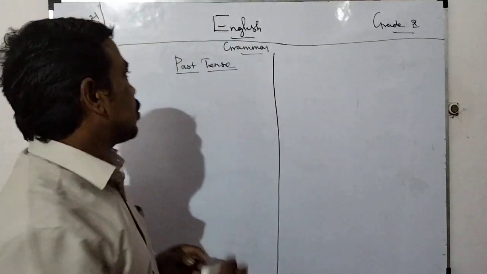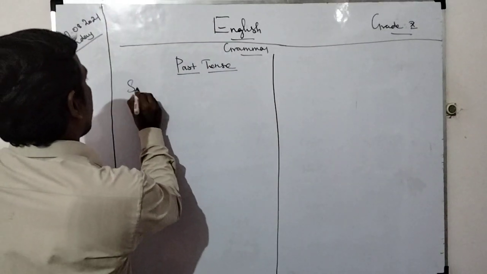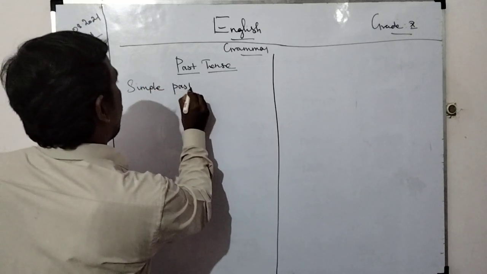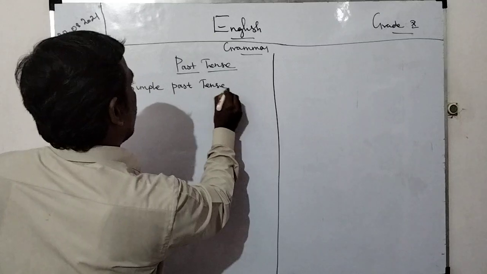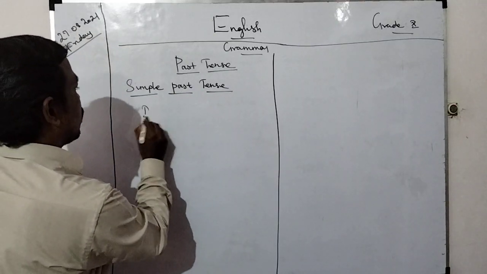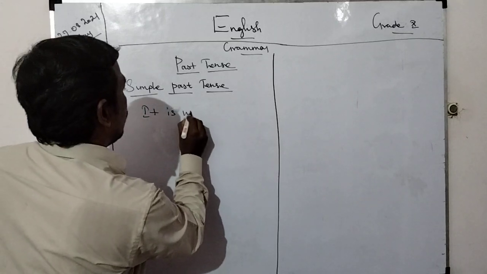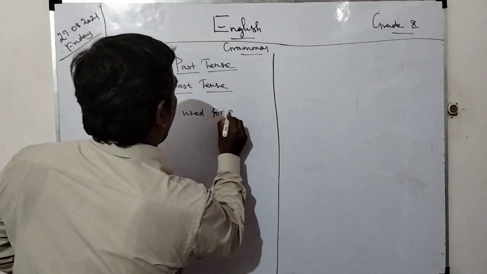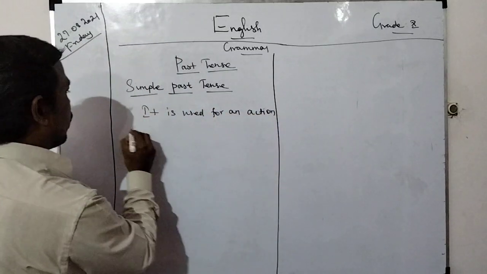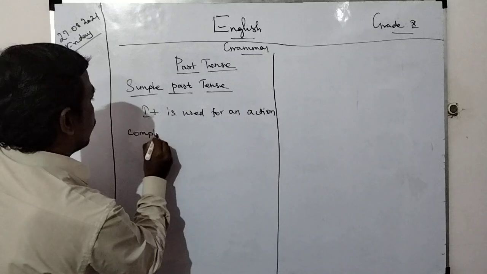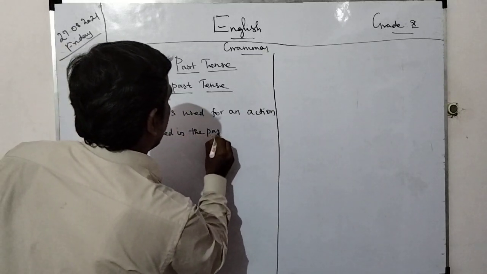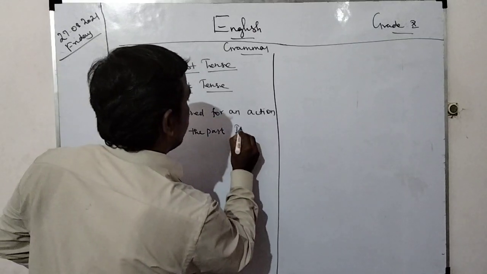The first one is simple past tense. We are going to see the uses of simple past tense. First, it is used for an action completed in the past.